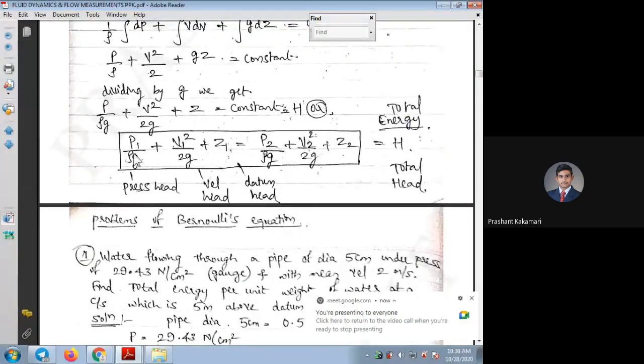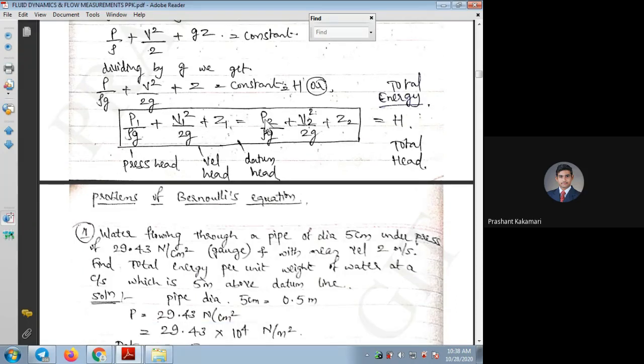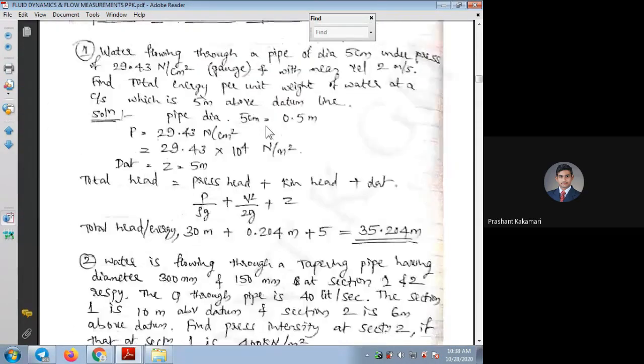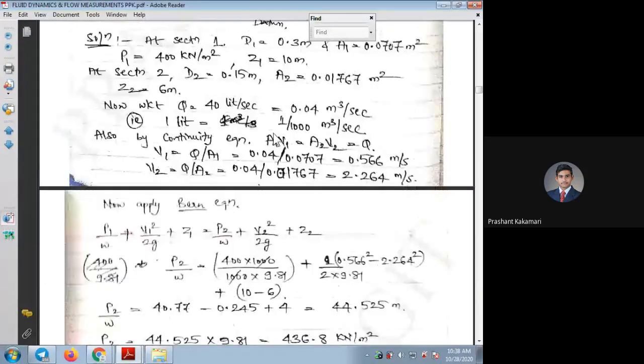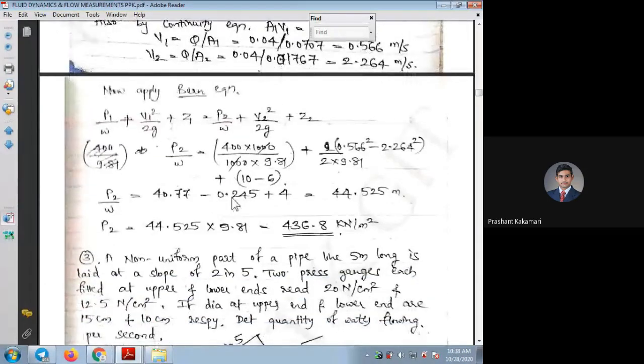So we consider P1 by rho g plus V1 square by 2g plus Z1 equal to the outlet side, P2 by rho g plus V2 square by 2g plus Z2, to find P2, because in this equation, after finding V1 and V2, we are left with only P2.